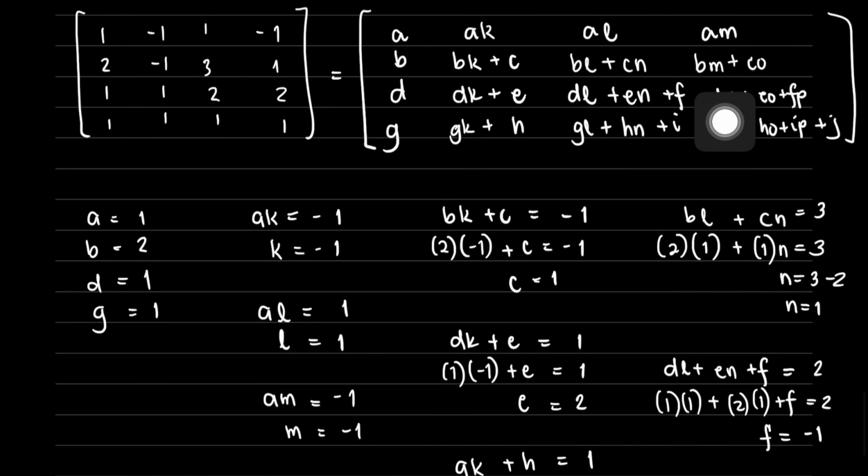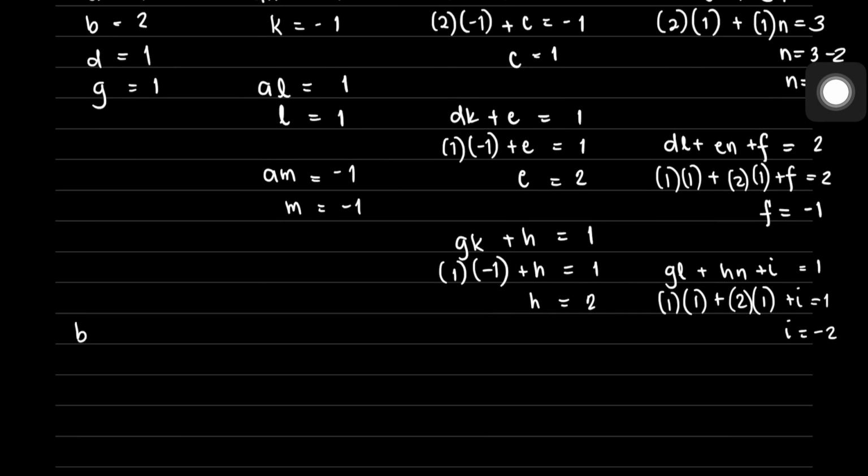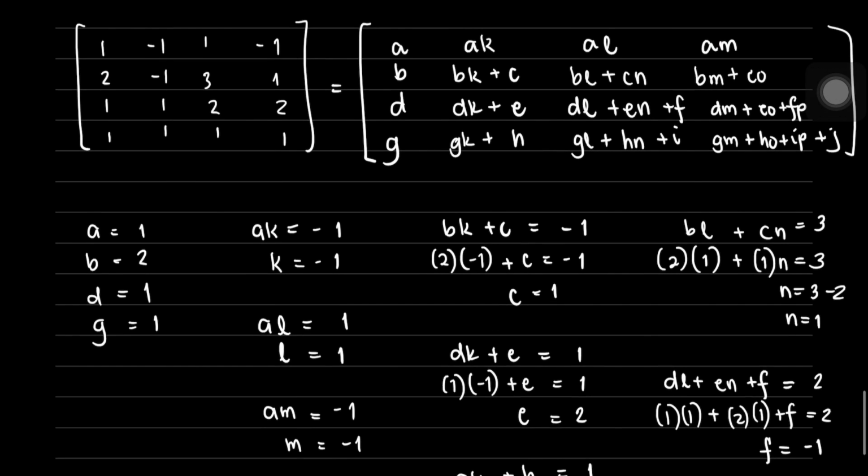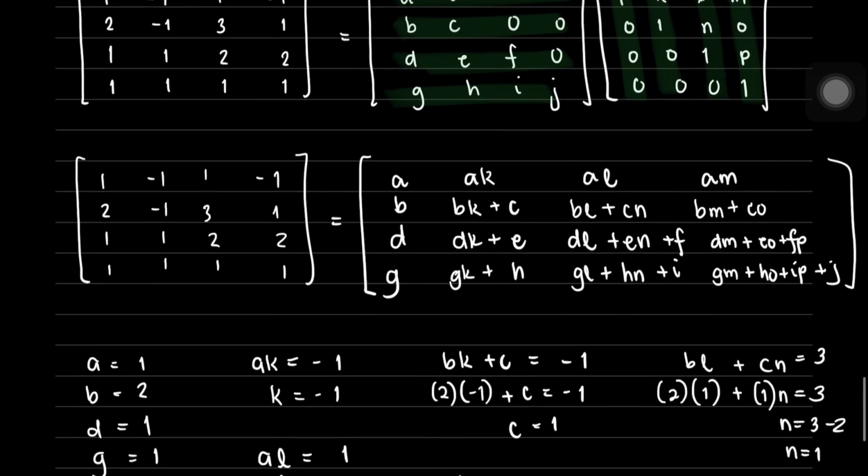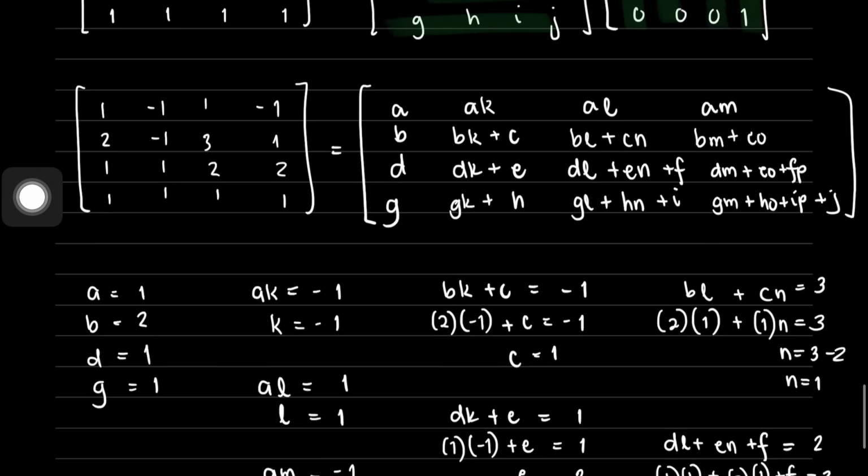Right, so we're down to our last column here. We have B times M plus C times O, that's equal to 1.